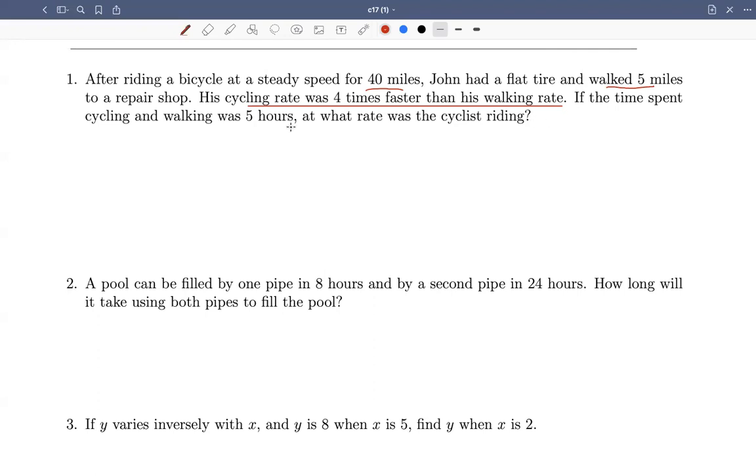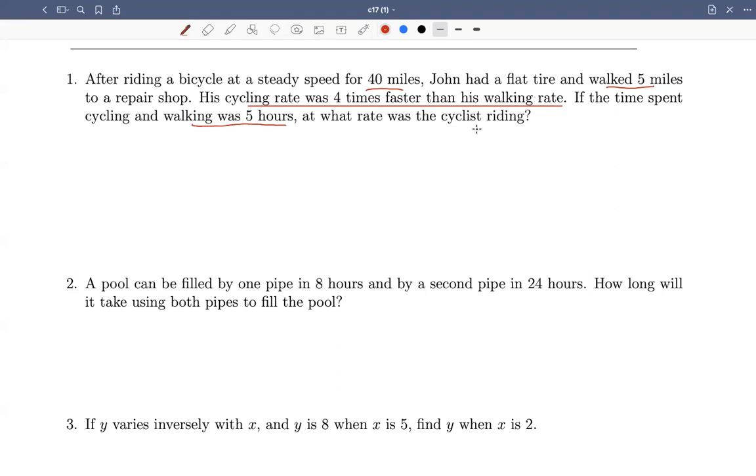So if the time spent cycling and walking together was 5 hours, at what rate was his speed when he was bicycling? I don't like how those words are here, but anyway.